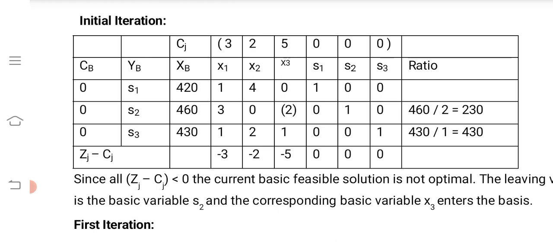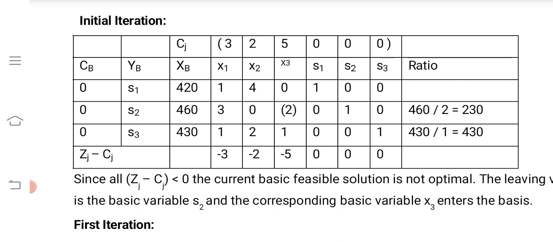Under x1 write 3, x2 2, x3 5, and s1, s2, s3 are 0. In the first column, you have to write the second column yb value. In this problem the three newly added variables are s1, s2, s3.